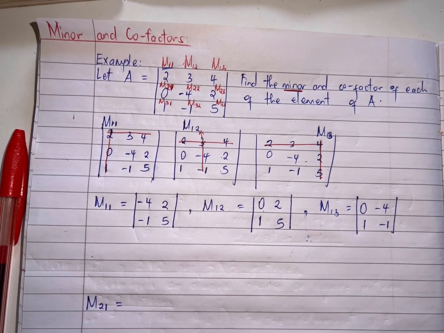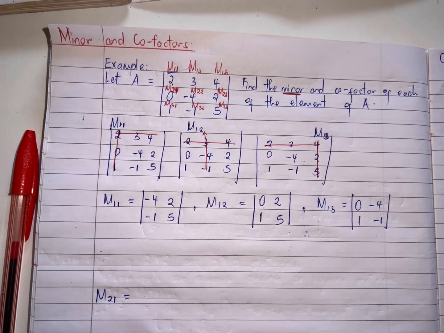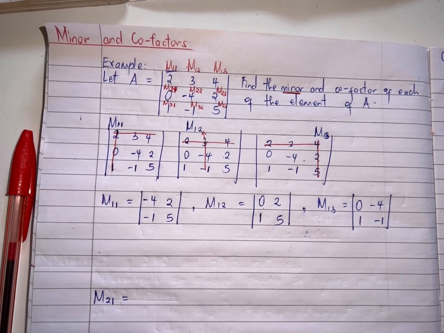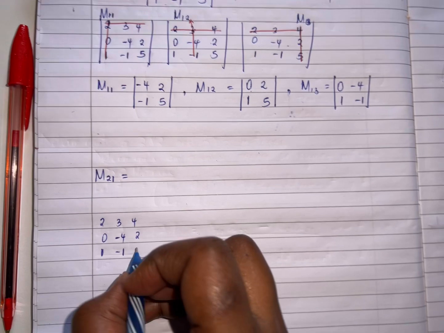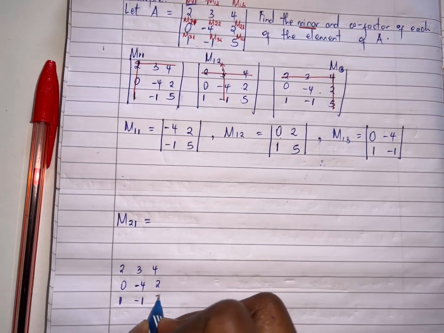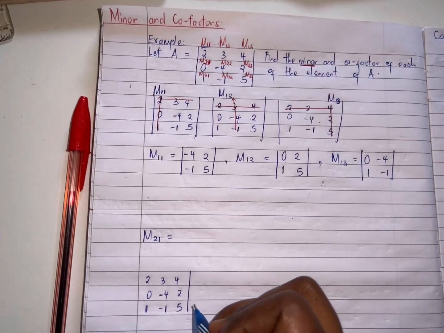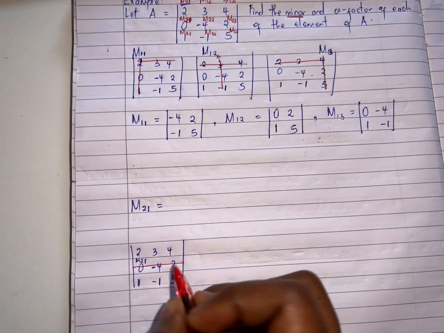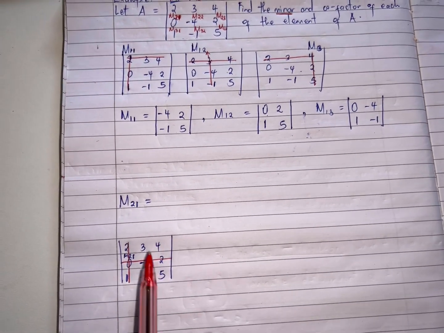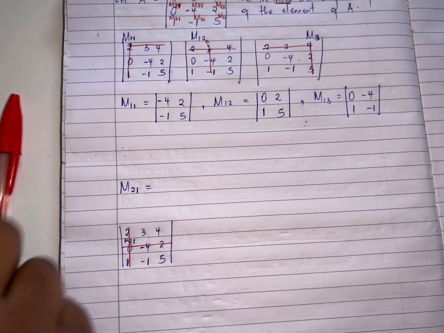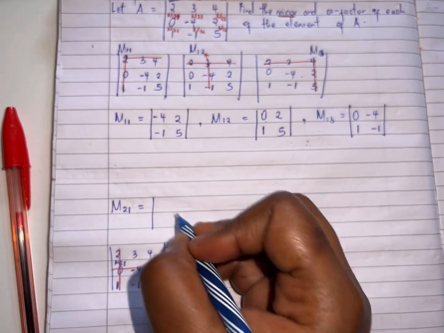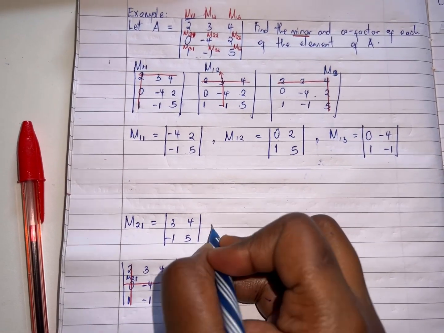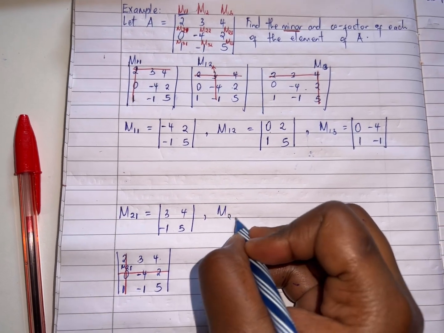So M21 is equal to, I'll rewrite again, 2, 3, 4, 0. Sorry, my camera was a bit off. Okay, M21. So you're going to cancel the row and the column where M21 is. So 3, 4, negative 1, and 5. M22.